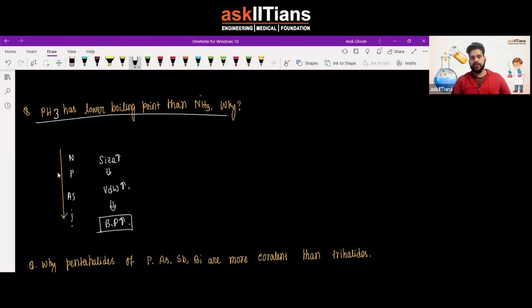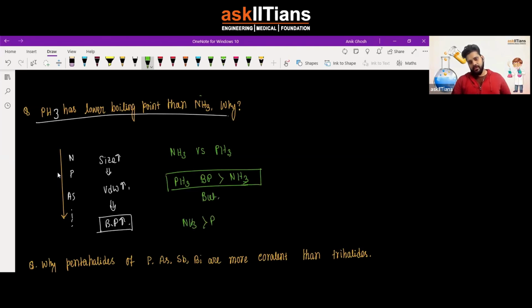But now if you notice, that means if I have ammonia versus phosphine, then PH3's boiling point should be greater than NH3, isn't it? Right? But NH3 is greater than PH3. Now why is that?